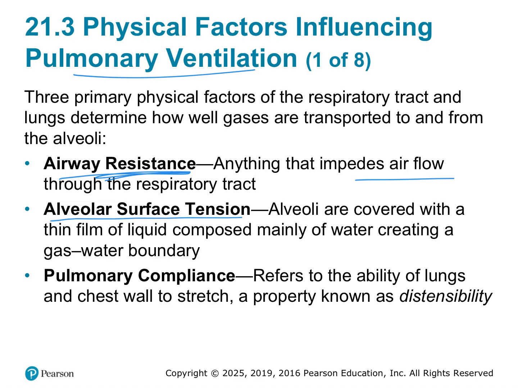Your alveolar surface tension, so surfactant should be there to keep the alveoli open, but if something happens where you're not producing surfactant, or preborn babies oftentimes do not have surfactant production occurring at a level to keep the alveoli open, and that then is going to impede ventilation. And then pulmonary compliance, which is going to be the ability of the lungs to stretch. So if we decrease compliance, then we have an impedance to ventilation.